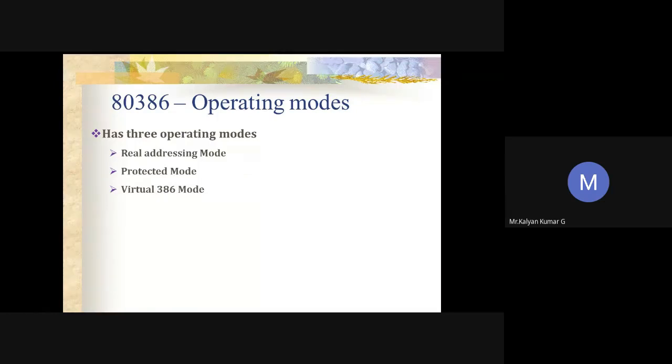What do you mean by real addressing mode? Same as the 80286, so you can guess. At least you can have a wild guess. What do you mean by real addressing mode and protected mode with reference to the 80286?